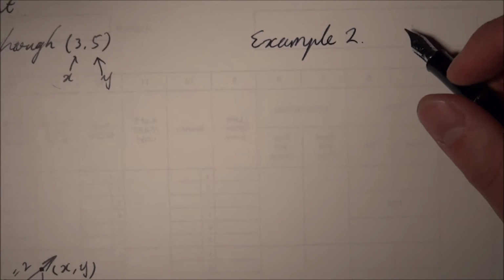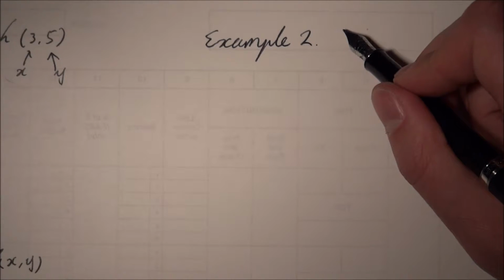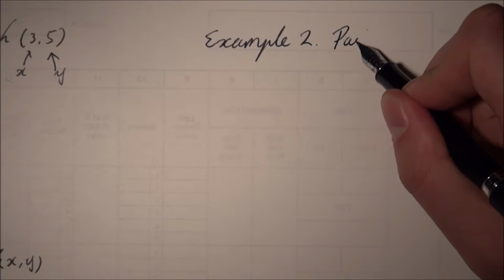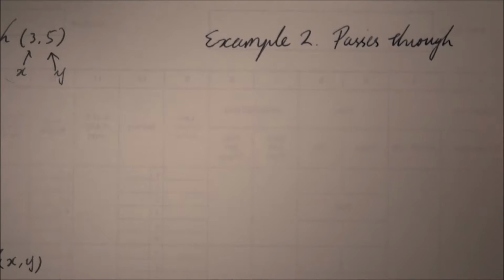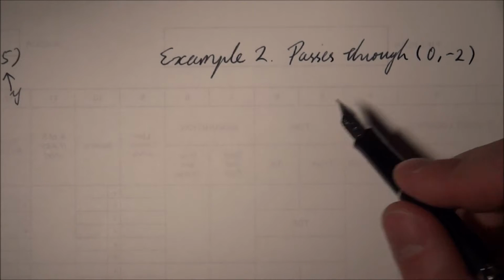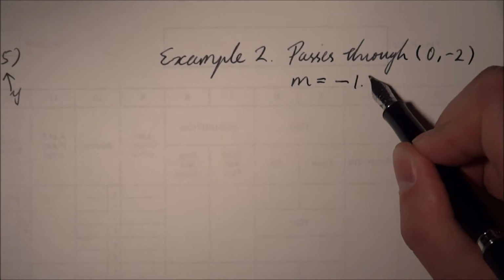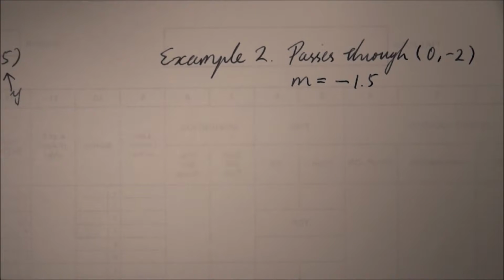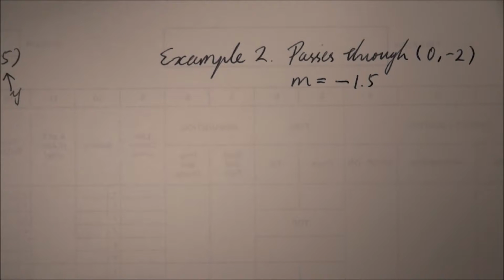Example 2, let's say it passes through (0, -2), and it has a gradient of -1.5. So once again, we can try both methods.